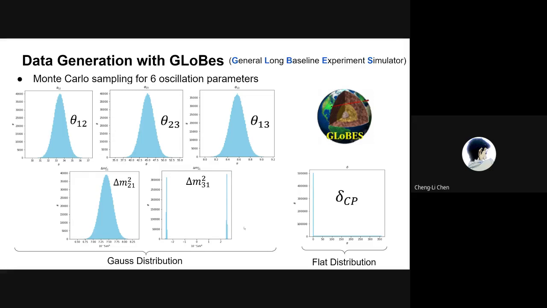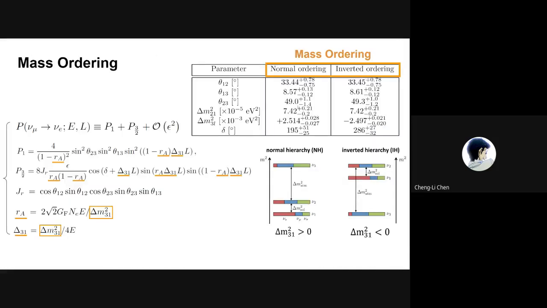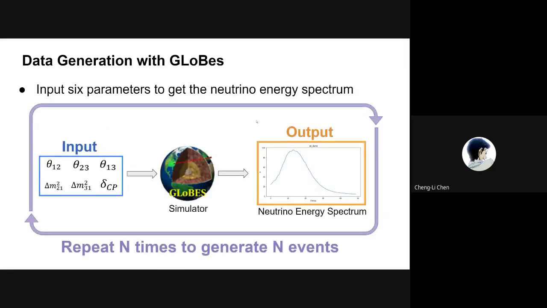And the center value of the distribution is according to the current experimental data, which is here. After we generate a million data sets of the 6 parameters, we input them into the simulator. And finally, we get the neutrino energy spectrum as our training data.